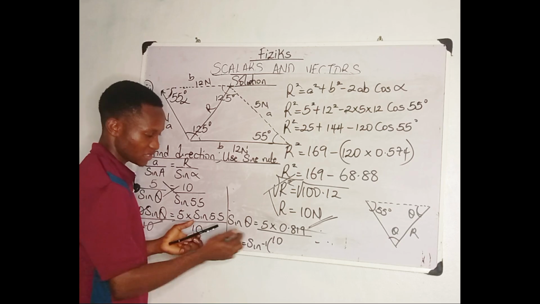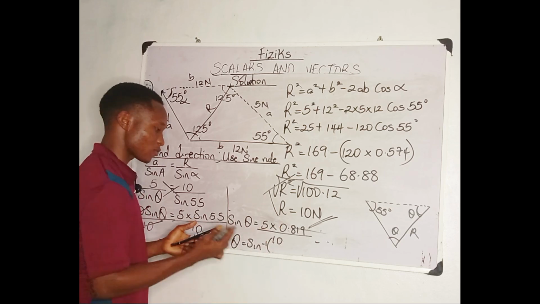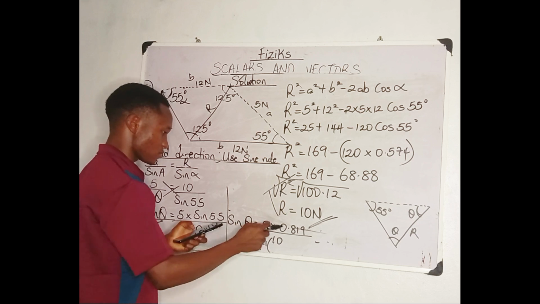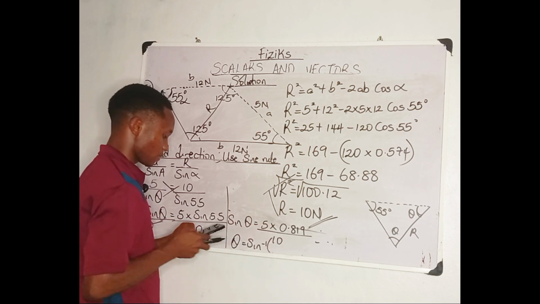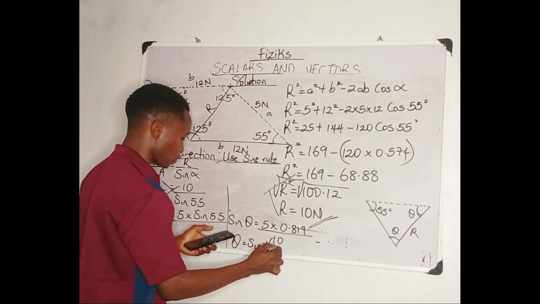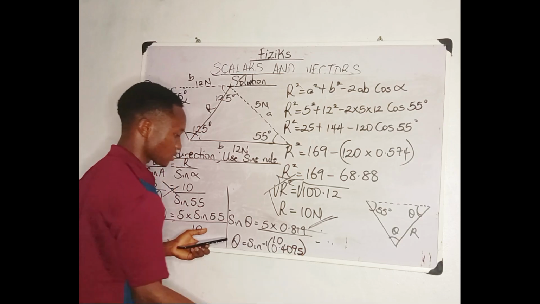Please, mind you, don't press everything at once. If you press it once, you might get a different answer from what you're meant to get. So you press 5 times 0.819 first, and then divide it by 10. That will be giving us 0.4095. I'll put it in brackets.